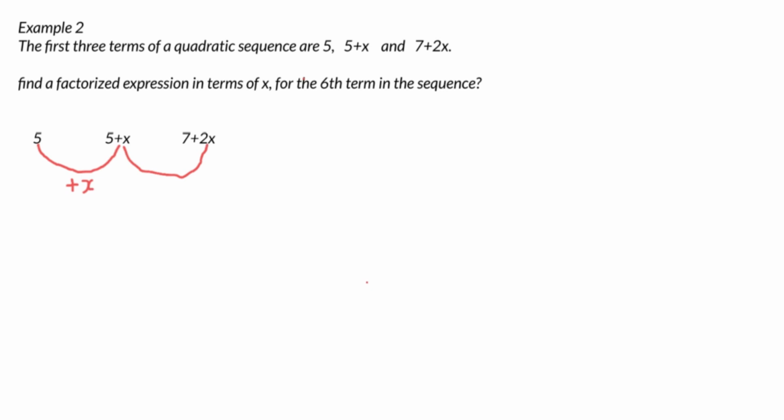And the difference between 5 plus x and 7 plus 2x is 2 plus x. If you add 2 plus x to 5 plus x, you would have 7 plus 2x. So the difference is 2 plus x.